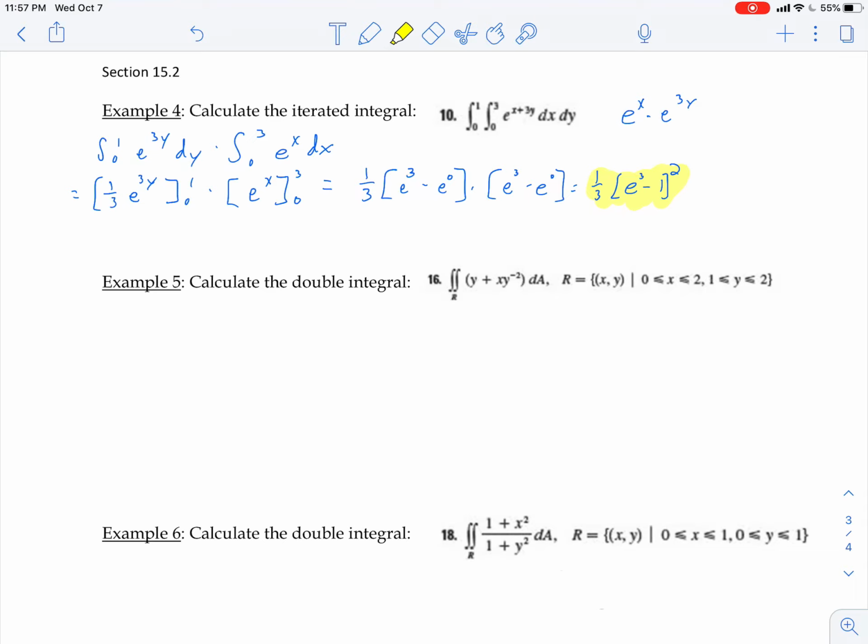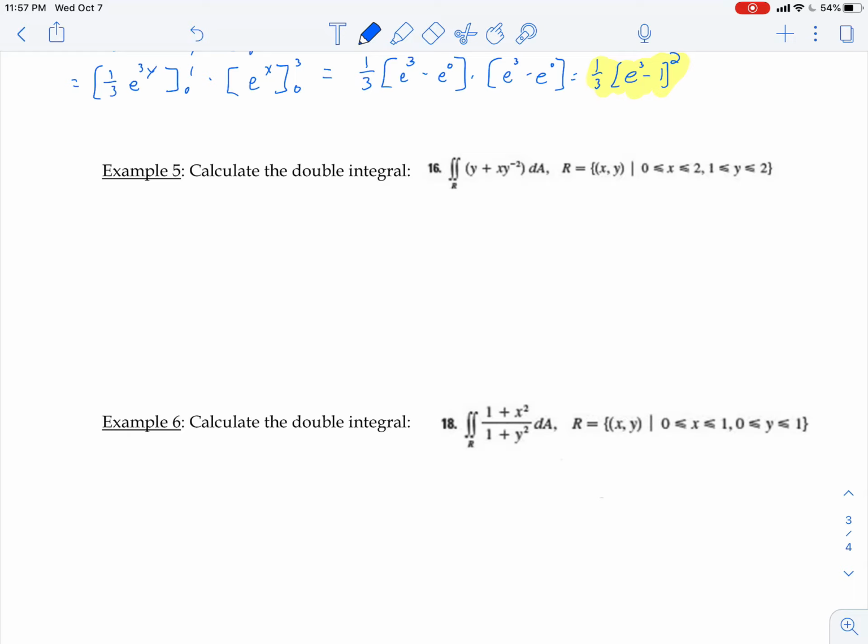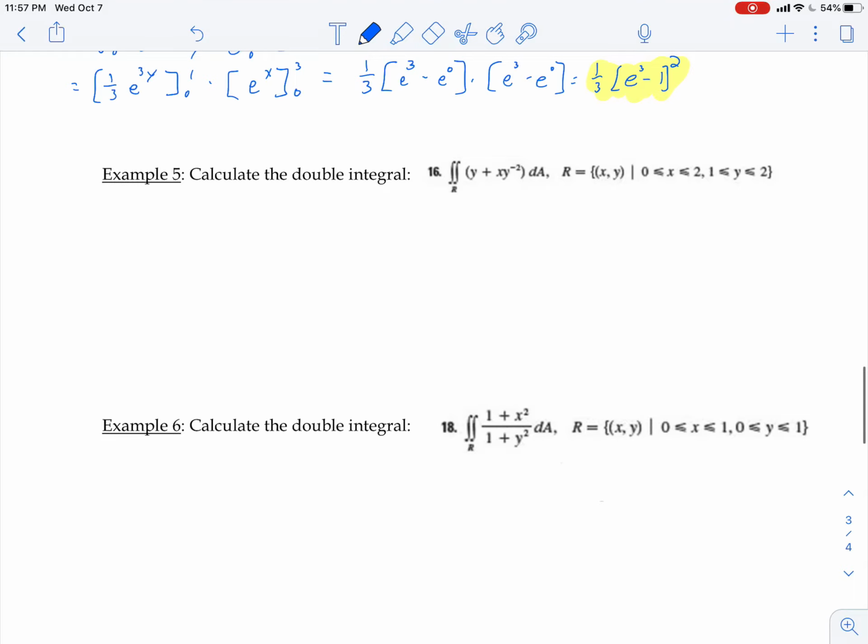You get e to the 6 minus 2e cubed plus 1, times all that times 1/3. If you wanted to keep going, keep going. You can stop there, because you'll have the same value. And this is, to me, in a simpler form than going ahead and squaring e cubed minus 1.